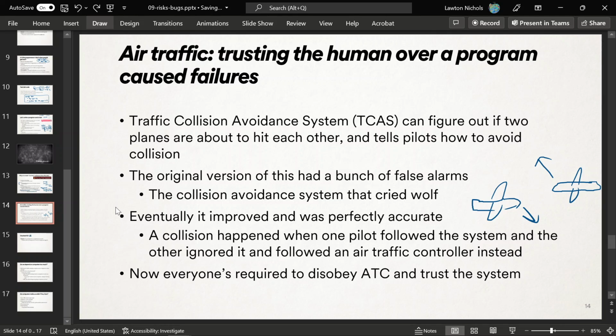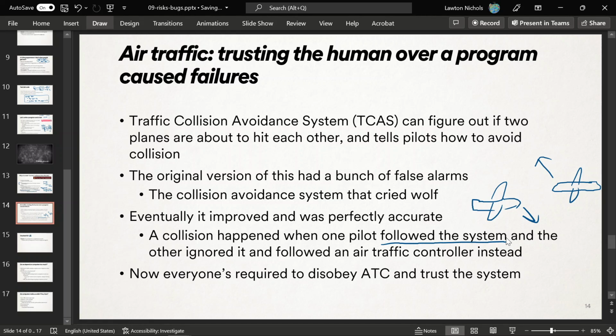Eventually, they improved the way that it worked, and it was able to perfectly accurately say, okay, these planes really are going to crash. Let's move them in this way, and everything will be okay. And sadly, that was after all of this false alarm business, which meant that people stopped really looking at it. So a collision happened when one pilot followed the system, said, okay, I'm going to trust the system.